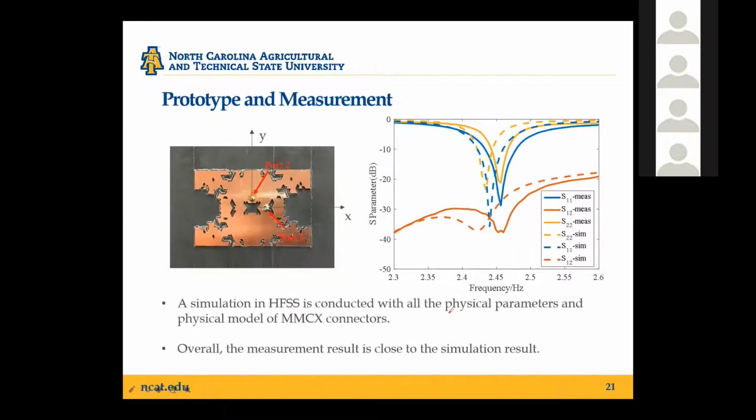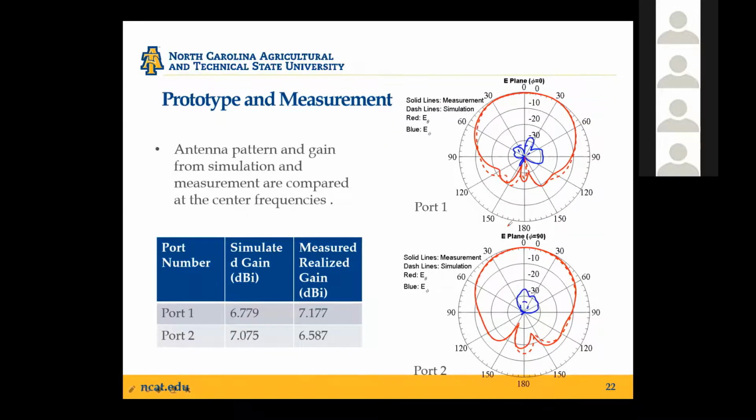And this is the fabricated prototype, and we simulated in HFSS with actual physical connectors as a feed, and the measured data, which is the solid lines, agrees very closely with the simulation results. And this is some of the far-field performance. Again, a comparison between the measurement and simulation. Measurements are the solid lines, and the simulation data are the dashed lines. We see pretty good agreement between them as well.